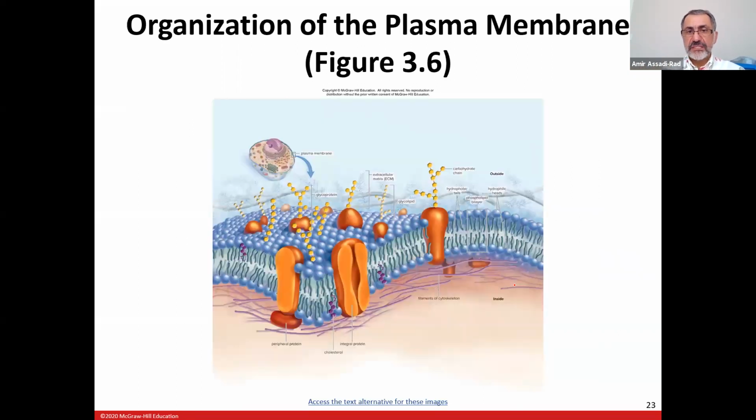Right here, you can see one layer, like Oreo cookies, and the cream would be in the middle. So this looks like Oreo cookies, chocolate, and the white cream inside. And then there are protein molecules embedded, stuck right into the middle of these phospholipid layers. Imagine these protein molecules like a chocolate chip. So you put chocolate chips in Oreo cookies, that's the structure of the cell membrane.